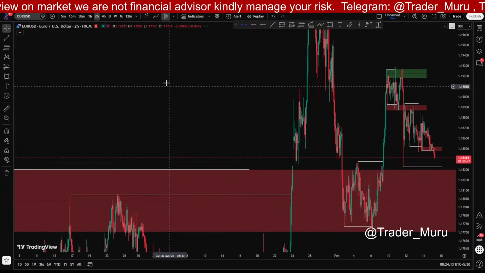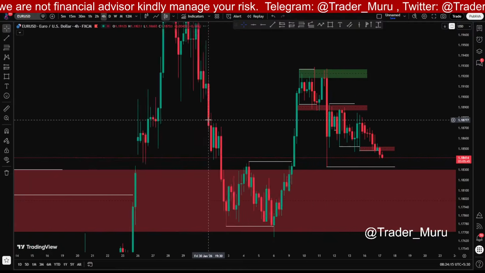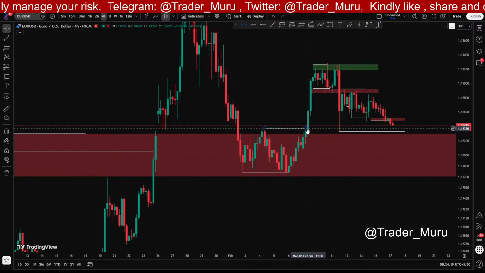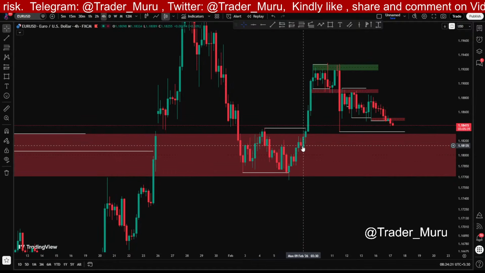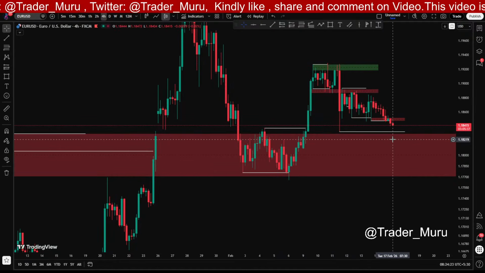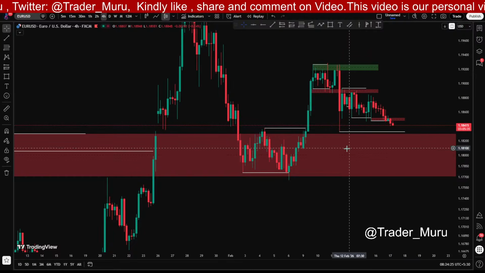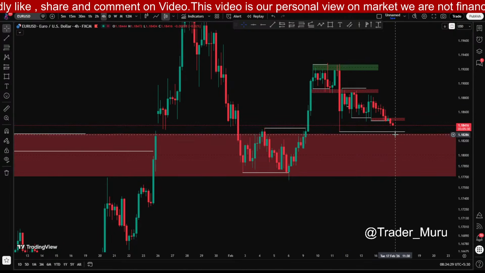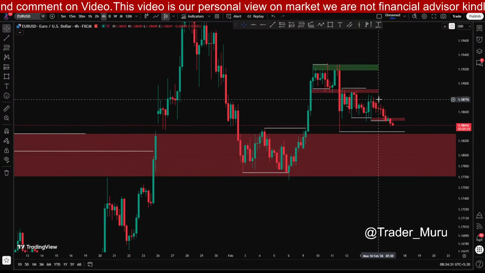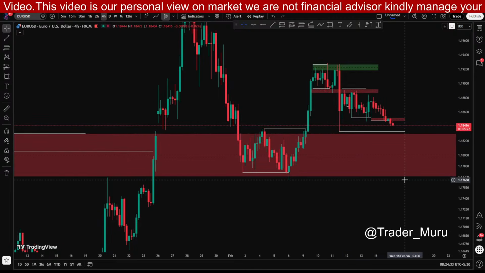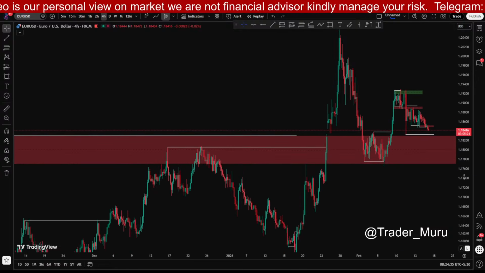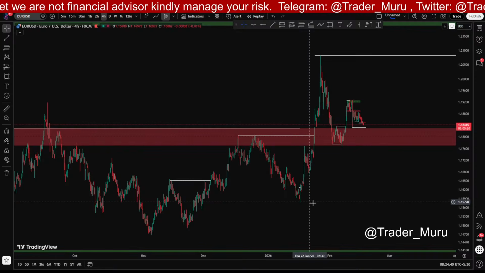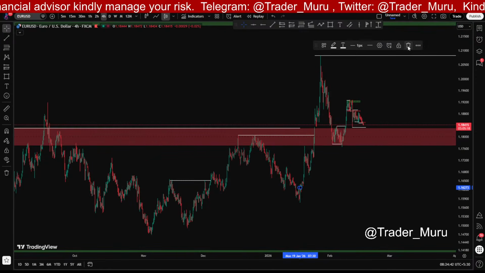And the major breakout structure is here. So price is likely to test this red zone again, and possibly if this area holds, it will pump again, but we will watch again the breakout structure here. Before that, we are not bullish. It can drop below this red zone and target this area here. So I will be watching for that.